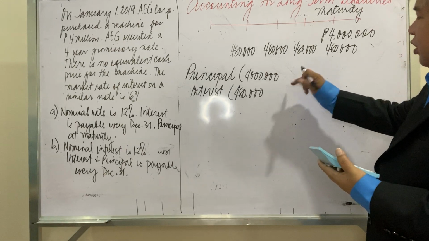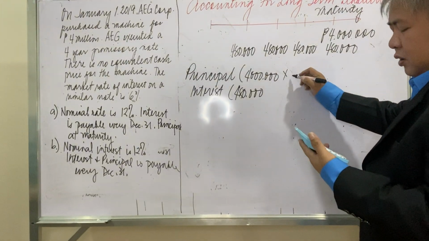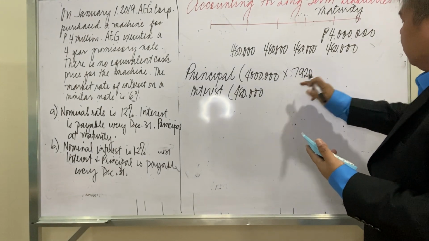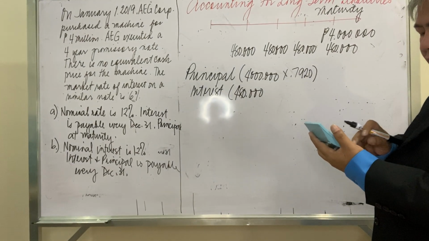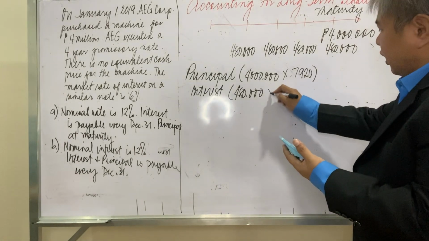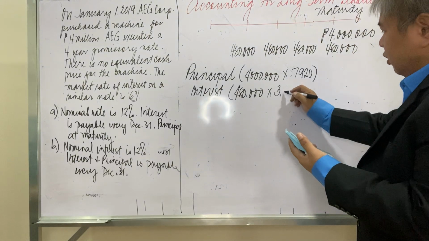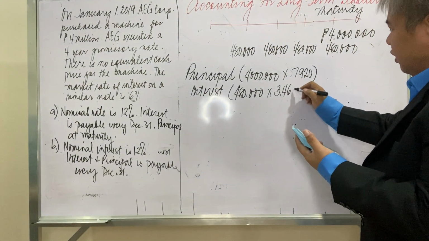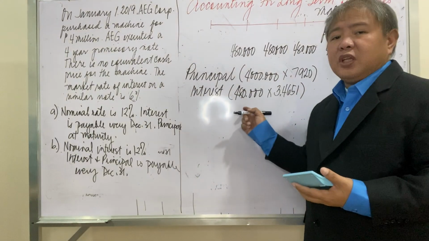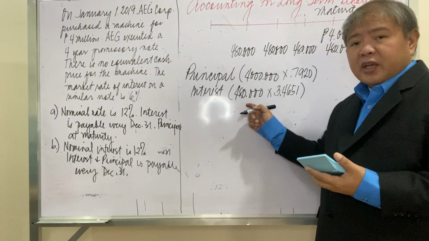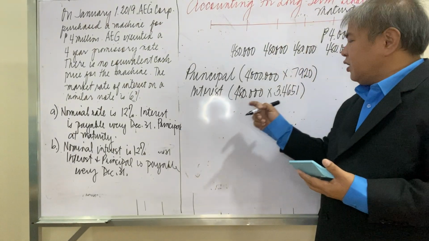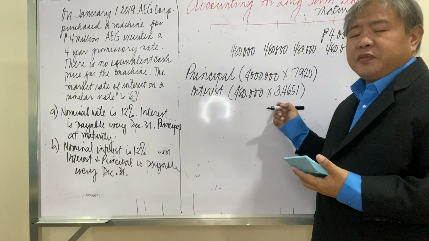That applies to the principal. Then 1 minus 0.7920 divided by 0.06 gives 3.4651. So we are discounting the nominal interest, which we computed by multiplying the principal with the nominal interest rate, by the present value of annuity.